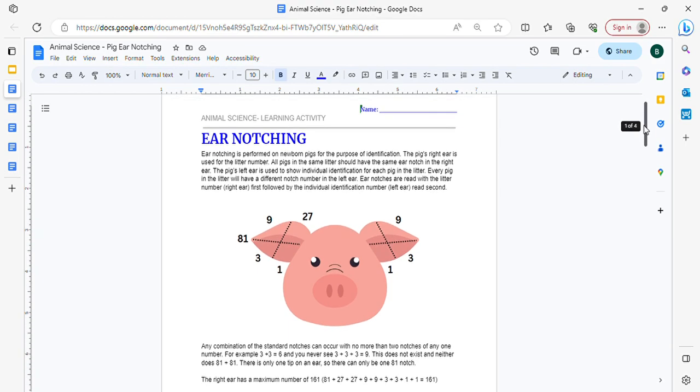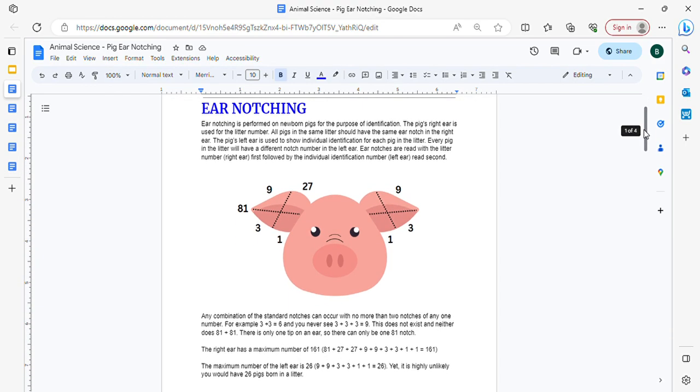If you notice, each ear is divided into 4 quadrants. The right ear has 1, 3, 9, 27, and then if you notice the corner of the ear, it has 81.